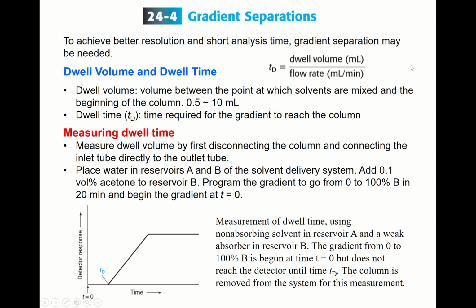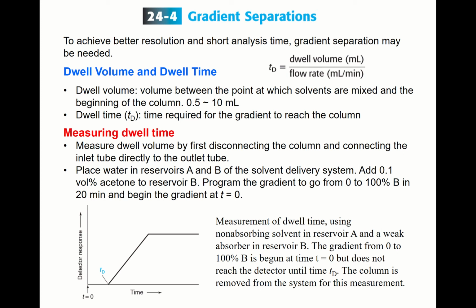Yeah, the final topic in liquid chromatography is gradient separations. This is just like temperature programming in gas chromatography. For rapid separation and better resolution, usually the oven temperature is programmed.